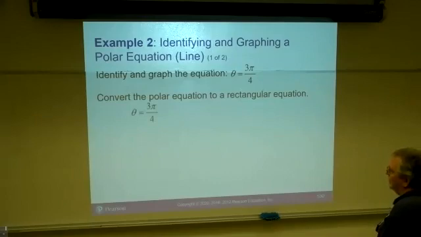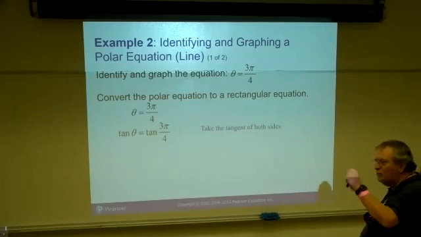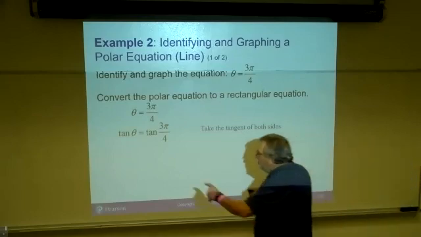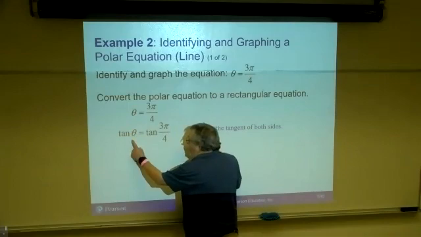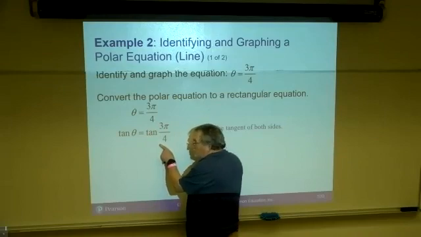So what are they going to do here? Well, they're going to take the tangent of both sides, because we know that tangent equals y over x. So y over x equals whatever this number is. What is this number?